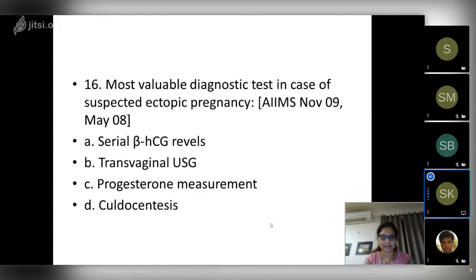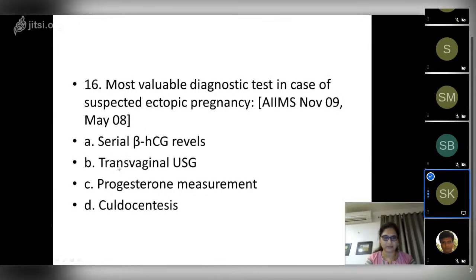We just discussed this point in the previous slide. Transvaginal USG. Yeah, transvaginal USG is the right answer.